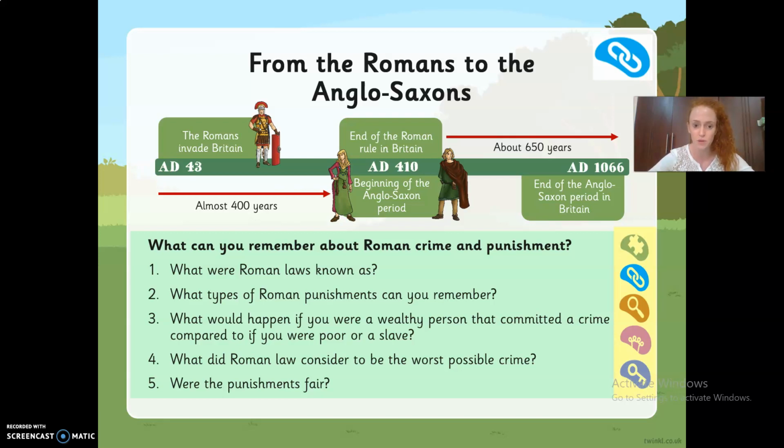How did they punish people? And what would happen if you were a wealthy person that committed a crime compared to if you were a poor person or slave? What did Roman law consider to be the worst possible crime, and were the punishments fair? So I'd like you to think about these questions for a minute, yeah? And hopefully you can discuss them with your teacher or maybe your parent or your sibling.